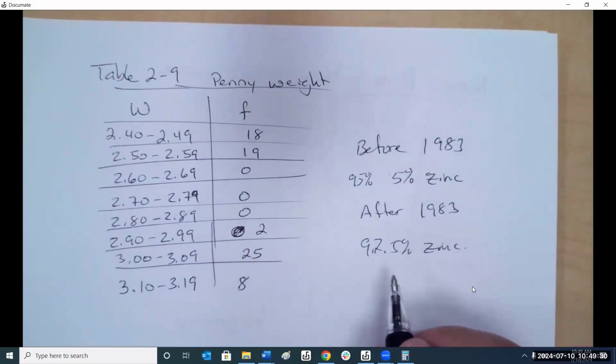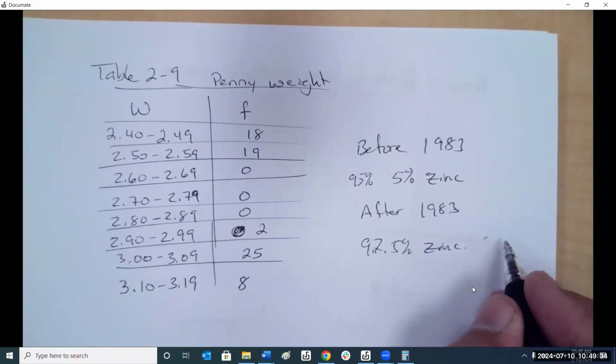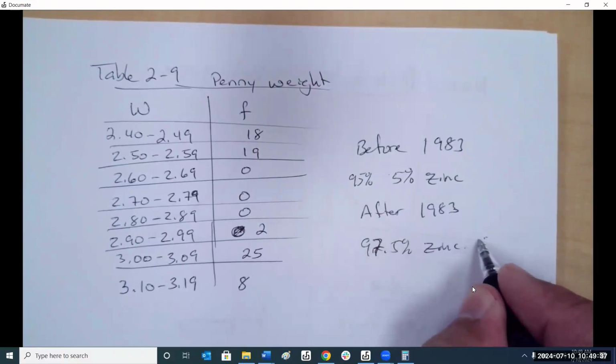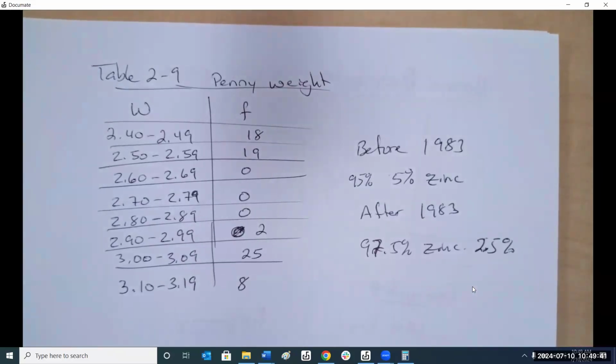And then afterwards, it was only what? 2.5% copper. Do copper and zinc weigh the same? No. So which ones do you think weigh more? Copper. So yes, if you want to know what you're dealing with, the weight is a perfect tool.